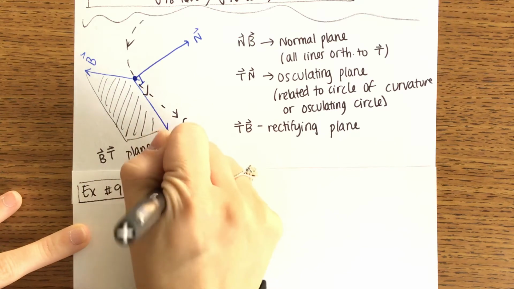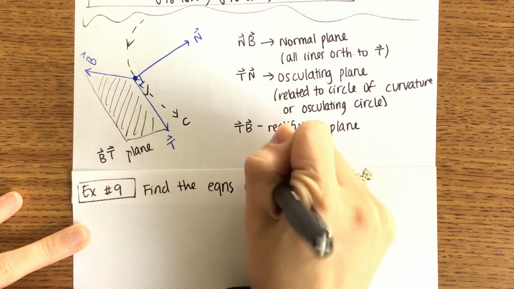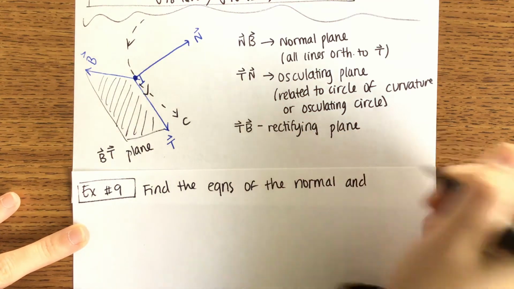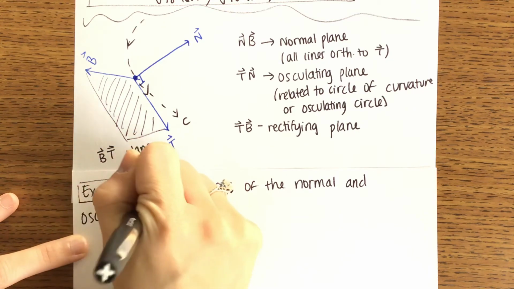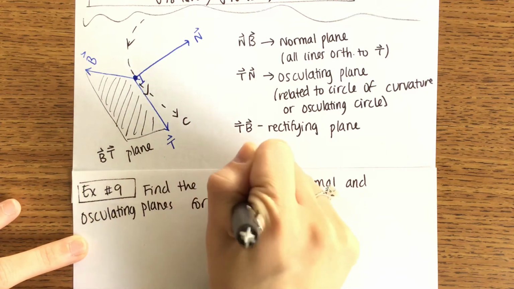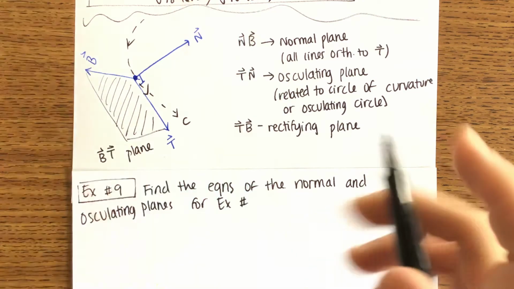We are going to find the equations of the normal and osculating planes for example number something. Which was the example that was r of t equals 3 sine t, 3 cosine t that we did today? Seven, great, example number 7.